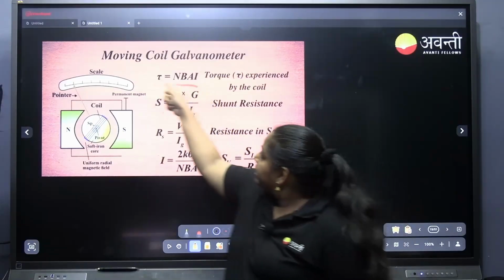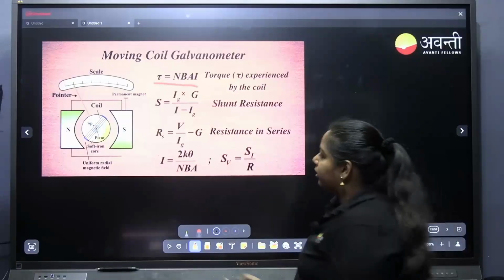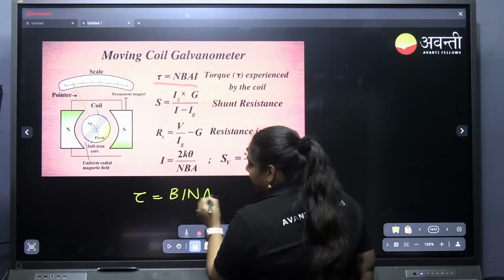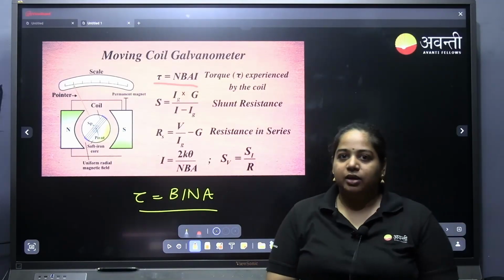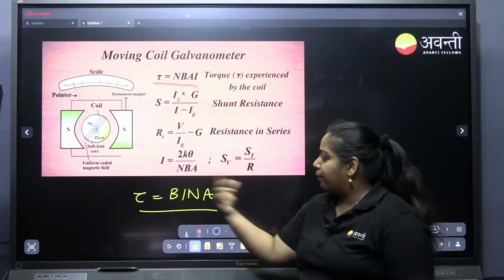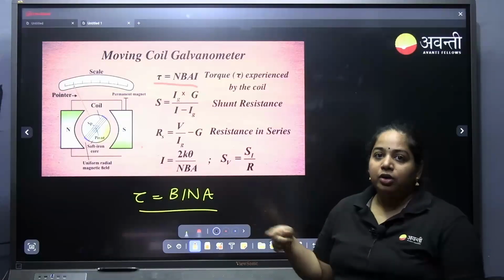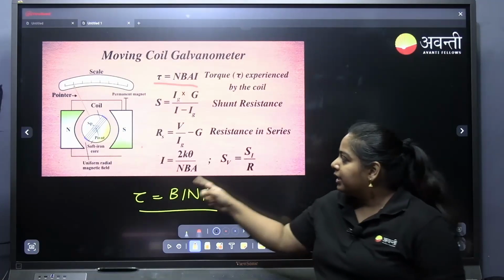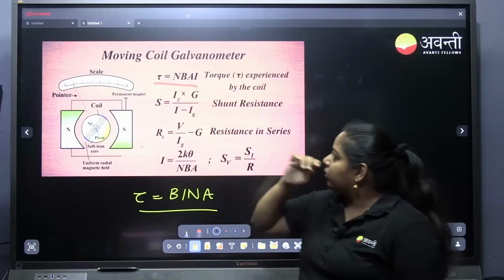Based on that, the torque equation is this, or if you want you can write torque equal to BINA. Torque you can remember like this: torque is BINA. B is the magnetic field of the magnets, I is the current passing through it, N is the number of turns of the wire, and A is the area of cross section. Based on this you will get torque.